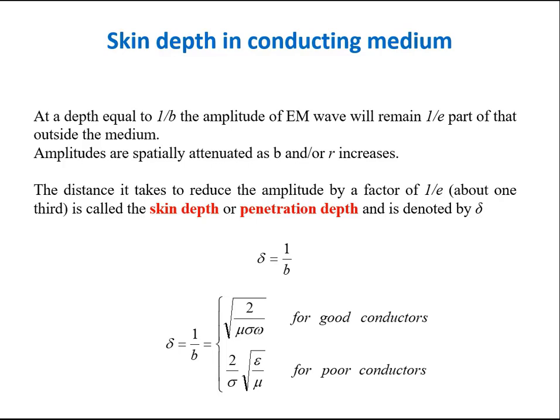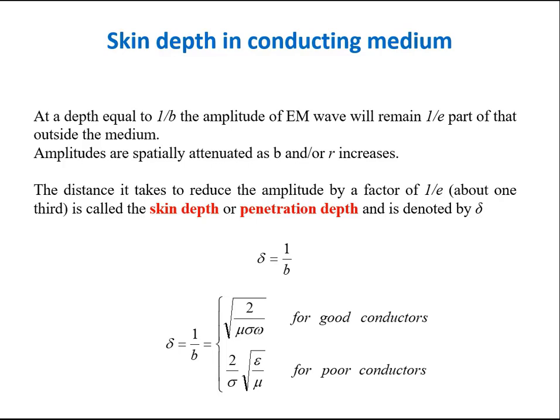Because for a poor conductor sigma is very small, delta is very high, and this shows that electromagnetic waves can propagate easily inside a poor conductor. But for a good conductor, sigma is very high, so delta is very small, and it says that in a good conductor, electromagnetic waves cannot penetrate, or they can penetrate only up to a fixed distance of skin depth or penetration depth.